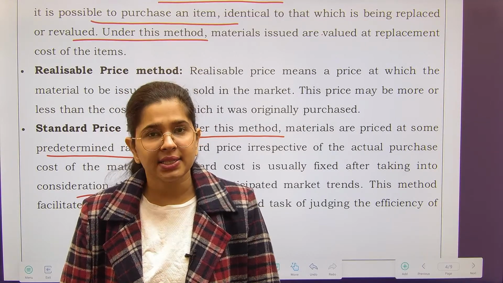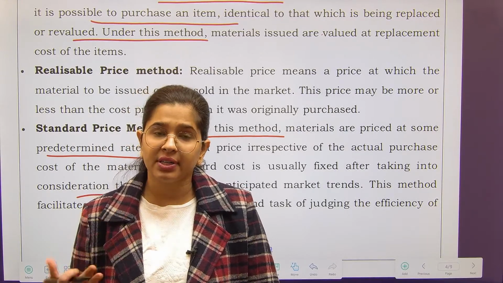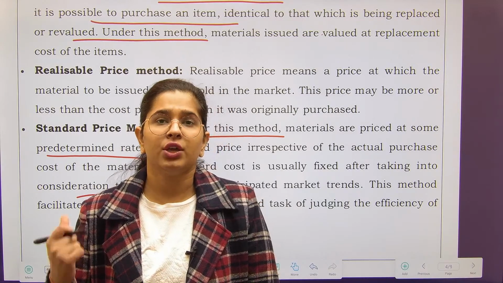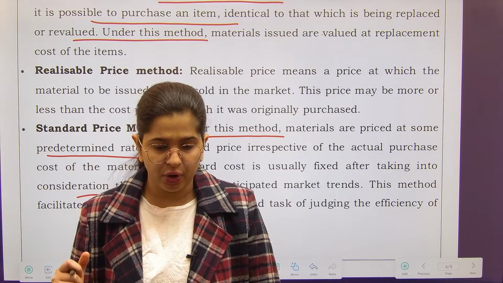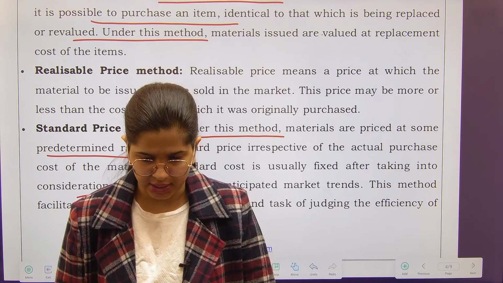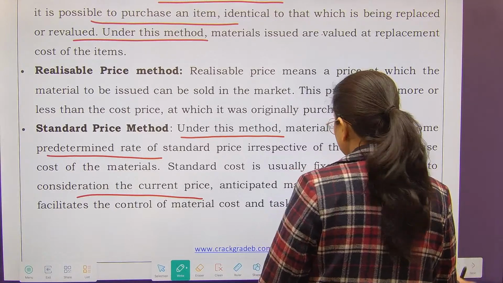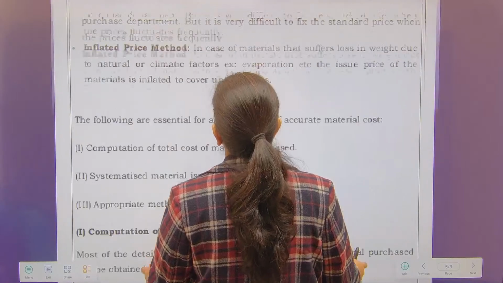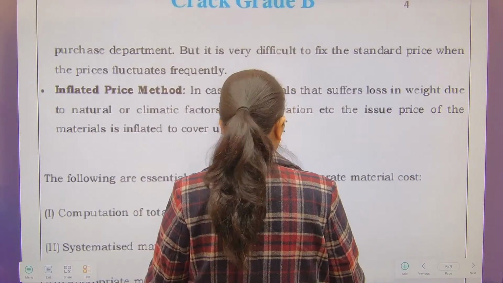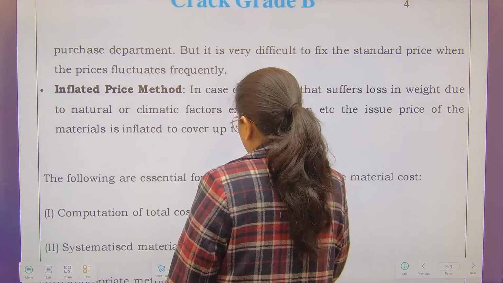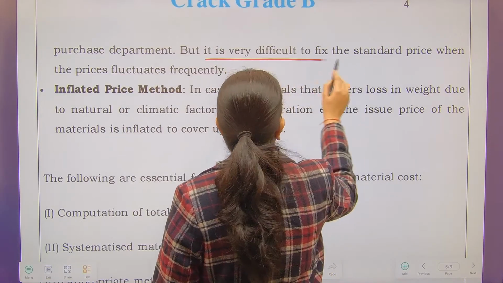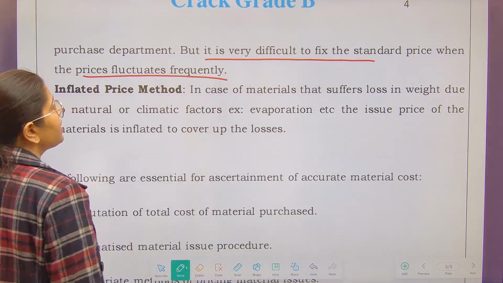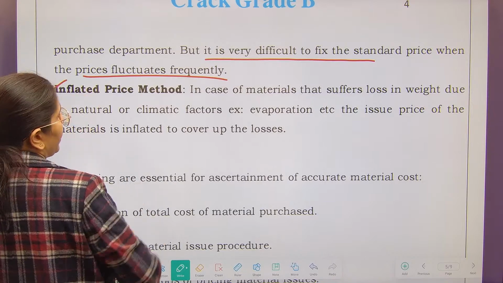But if the pricing of material differs quite frequently, in that situation, using a standard cost method will not be feasible for your material costing. So it is very difficult to fix the standard price when prices fluctuate frequently.